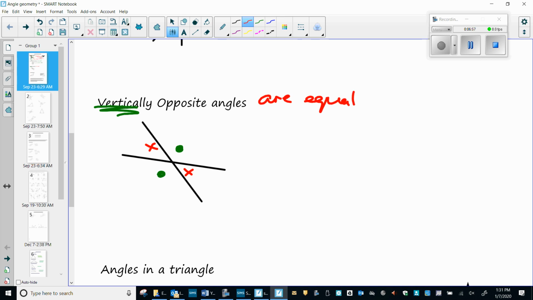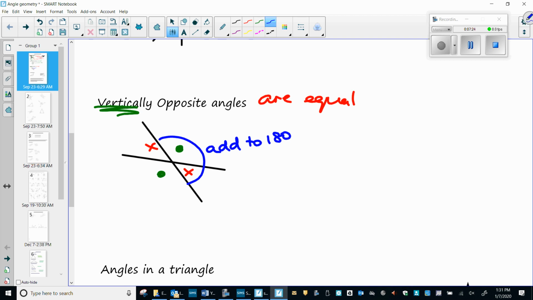Now, with the vertically opposite angles, you can often bring in that very first reason that we talked about, okay? Because vertically opposite angles are always on straight lines. So it has to be straight lines crossing. We also know that these two angles here sit on a straight line, yes? And so we know that these two angles here add to 180.